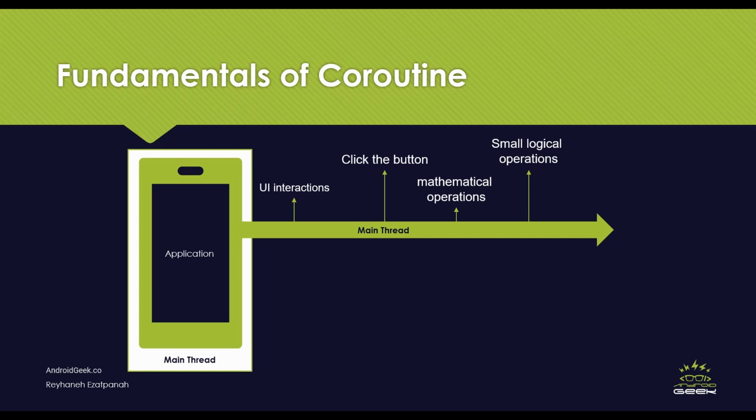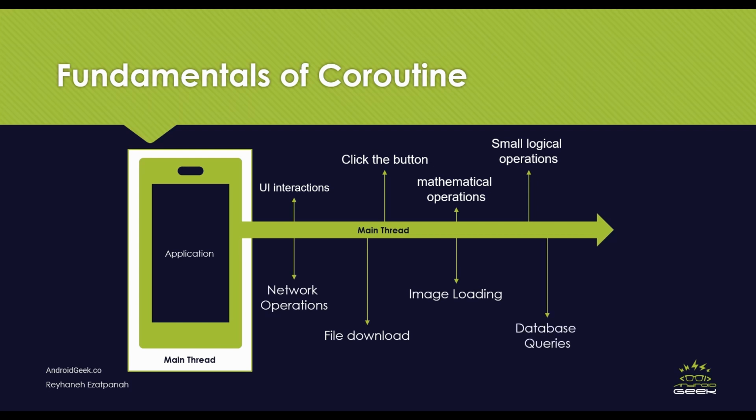And now, what about the operations that take a long time and are heavy? Operations, for example, that require the use of the internet, uploading or downloading a file, loading and displaying an image from a server, or running some heavy database query.